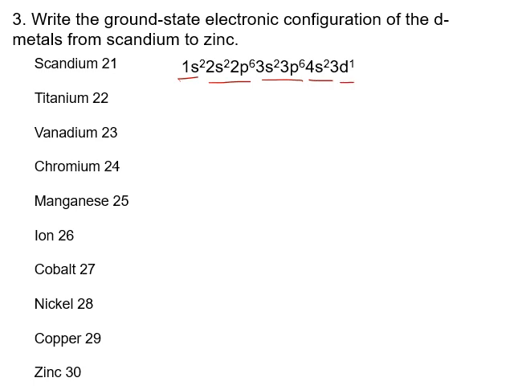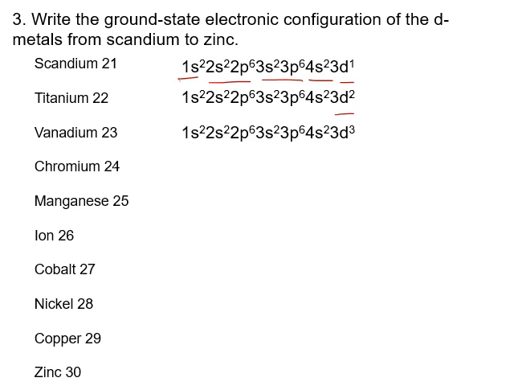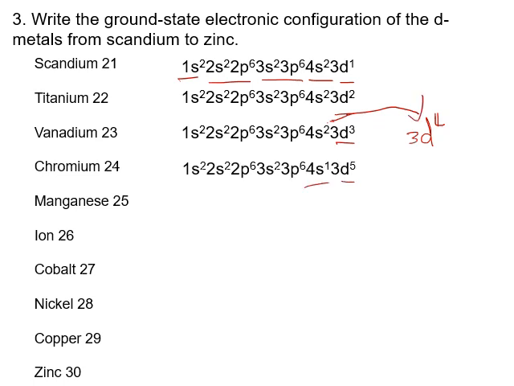So scandium is 3d1, titanium is 3d2, vanadium 3d3. Now chromium is an exception. You would expect chromium to go to 3d4, but instead one electron goes from the 4s orbital to the 3d orbital, and it becomes 3d5 and 4s1.